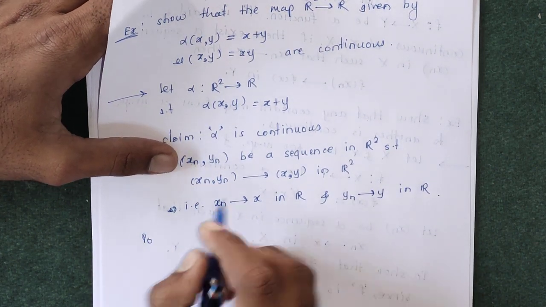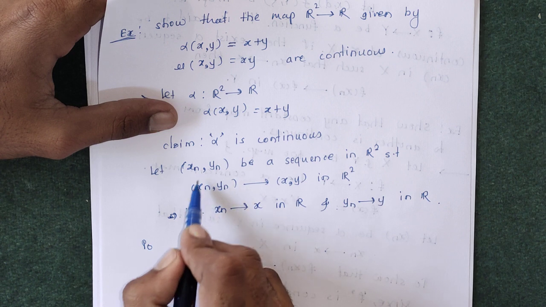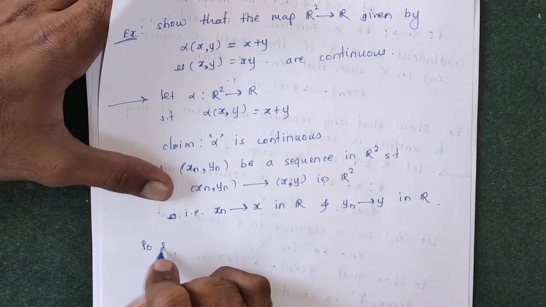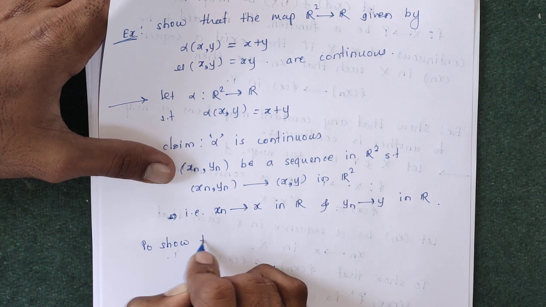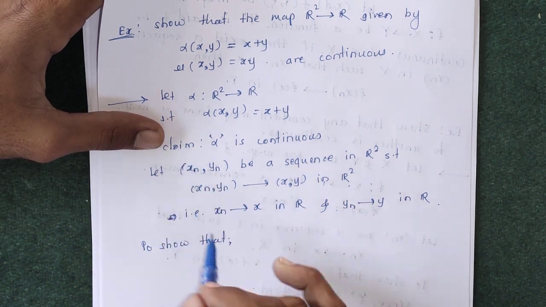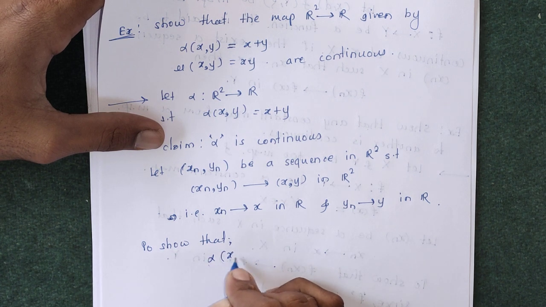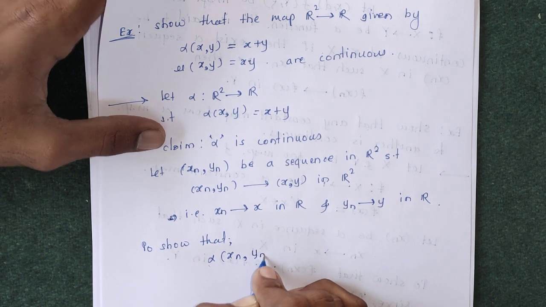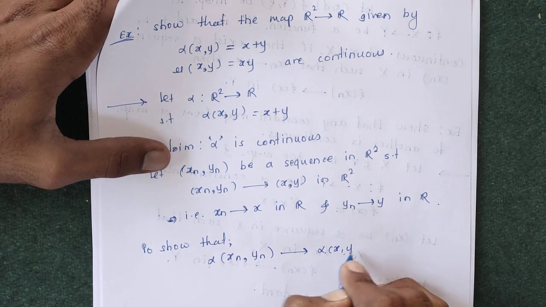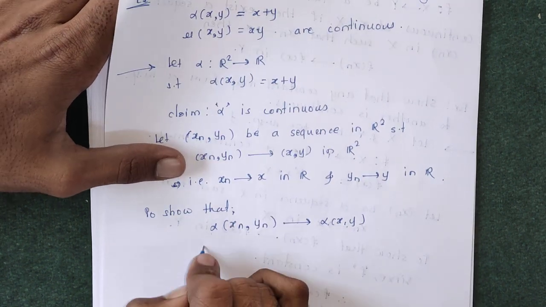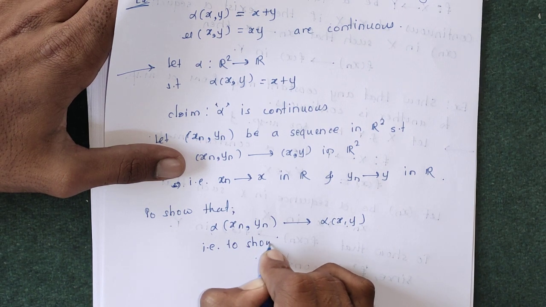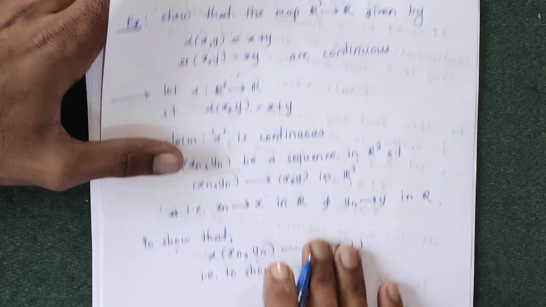To show that the image of this sequence under the given map alpha, that is alpha of (xn, yn), converges to alpha of (x, y).